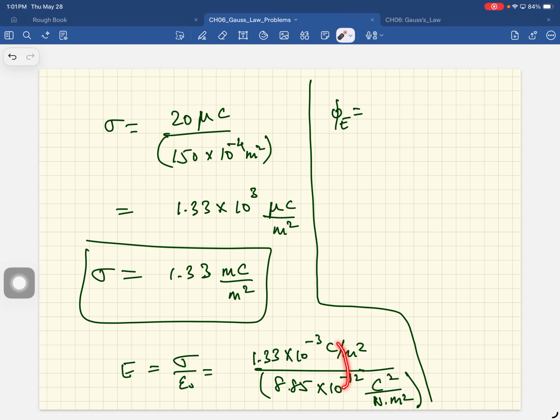So the flux is equal to the charge inside divided by epsilon naught. So the charge inside is epsilon naught times flux.